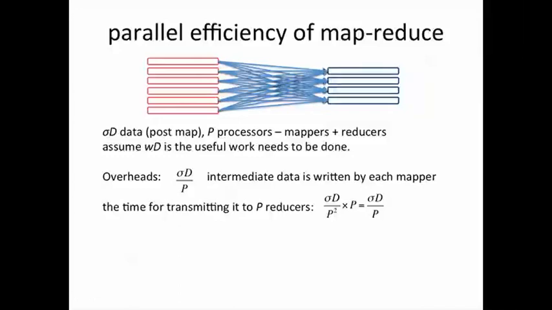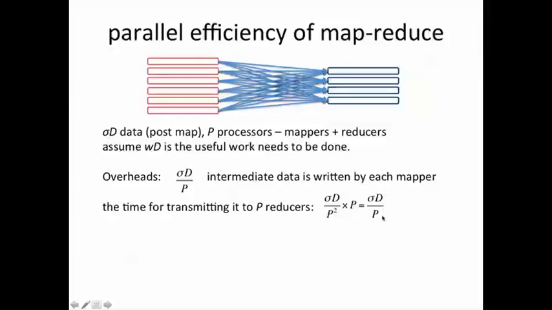Each reducer has to read sigma d over p squared, that is 1/pth of the data from a particular mapper. Since there are p different reducers, 1/pth of the data in a mapper goes to each reducer. And it has to read p of these from p different mappers, once again getting us the communication time that a reducer spends getting the data it requires from the different mappers as sigma d over p.